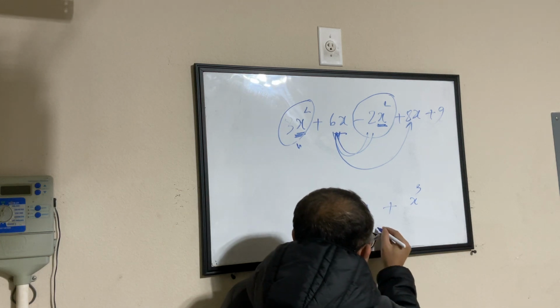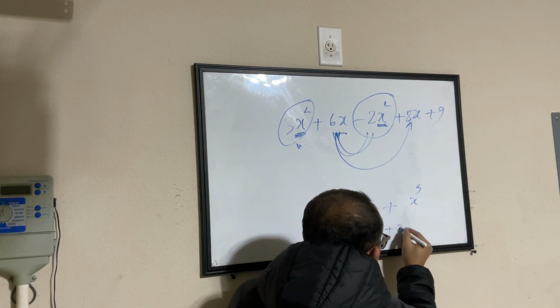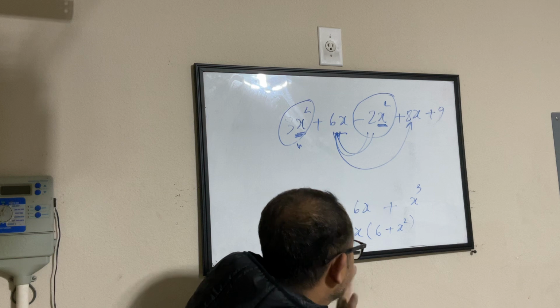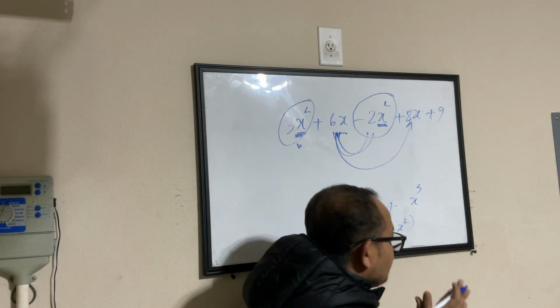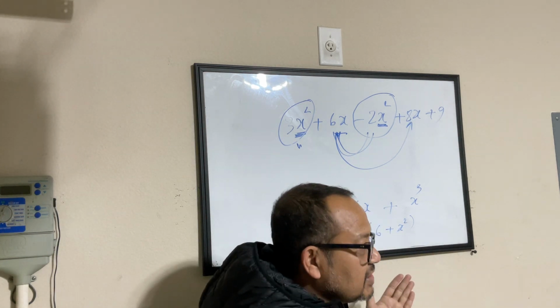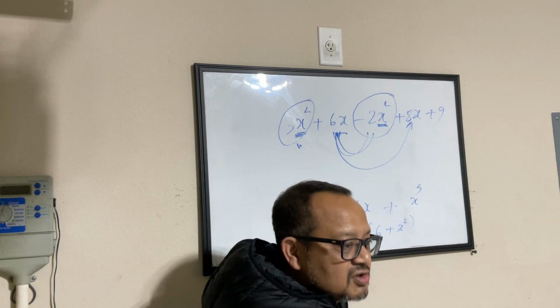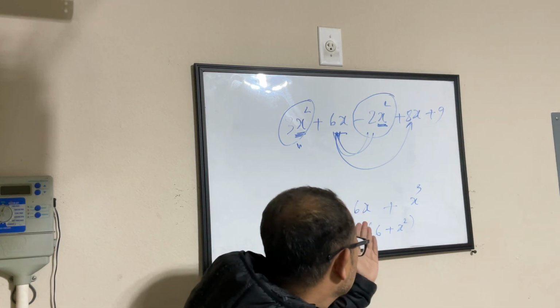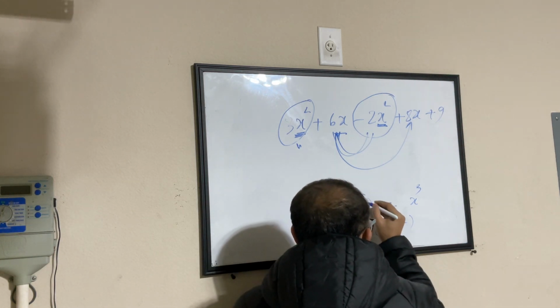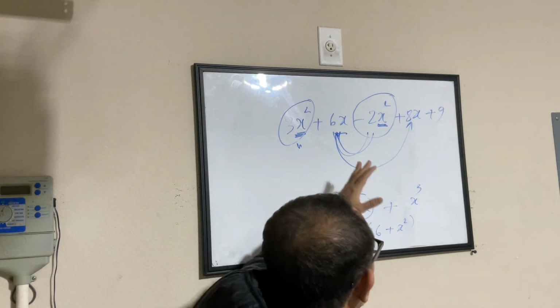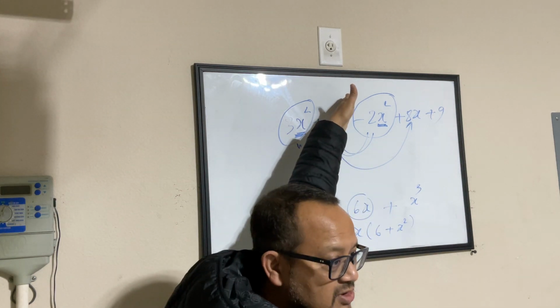Maximum I can do is take x common and then it becomes x squared. But there is no way I can add 6x plus x cube to make it 7x or 2x cube or anything else. So always your differentiating fact lies in the power of the variable.